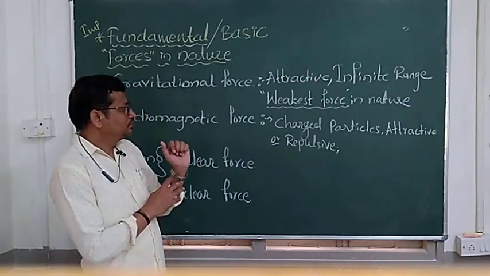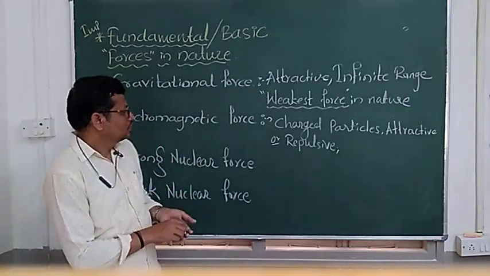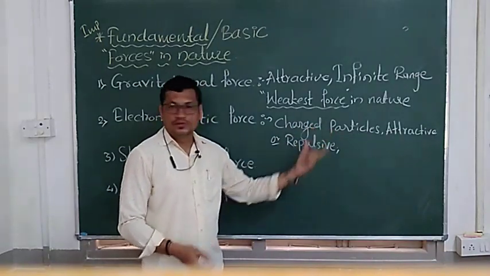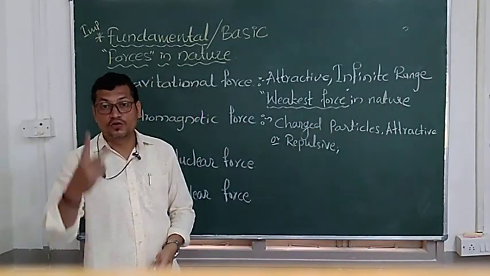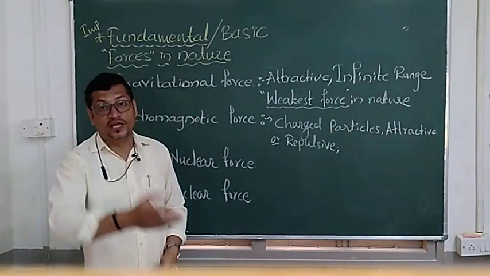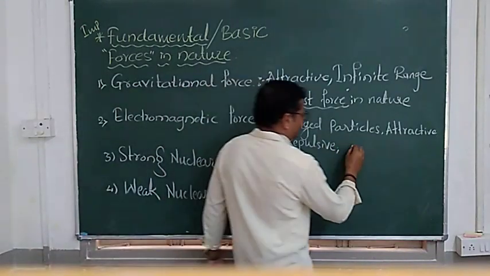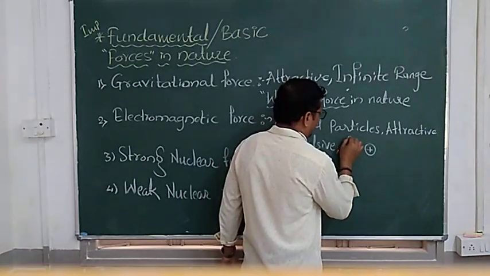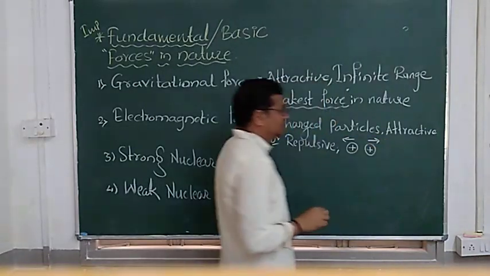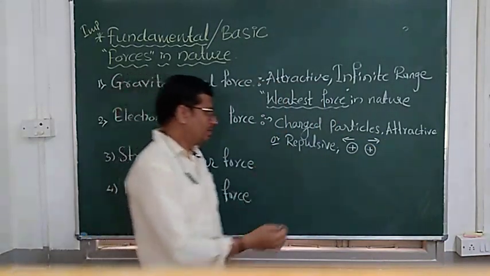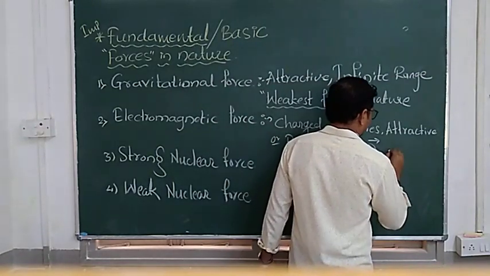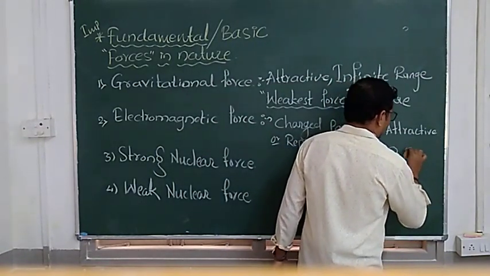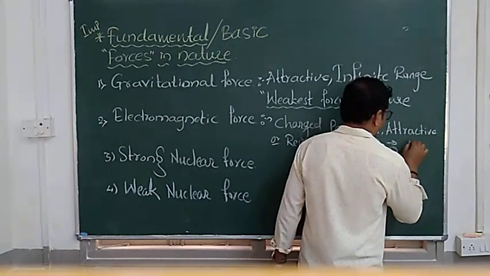Here, we already know there are two kinds of charged particles, positive and negative. Suppose positive and positive are there, they will repel. Suppose one is negative and one is positive, then they will attract.